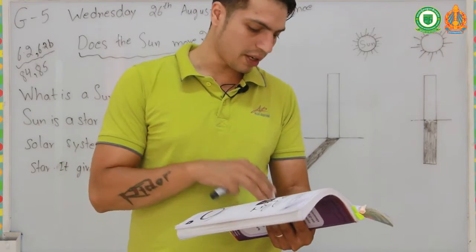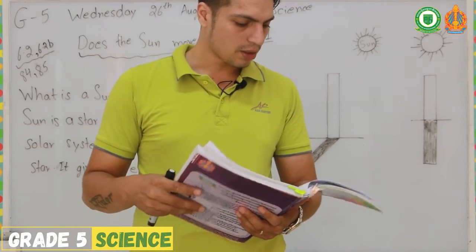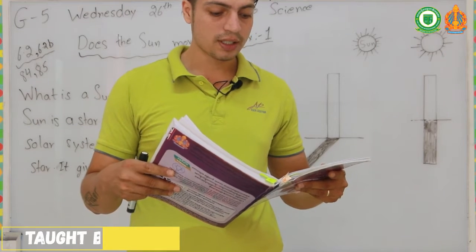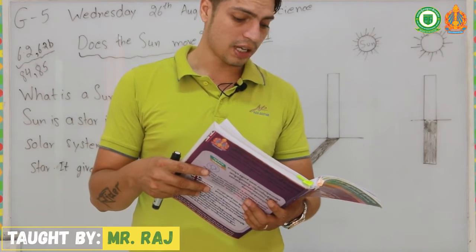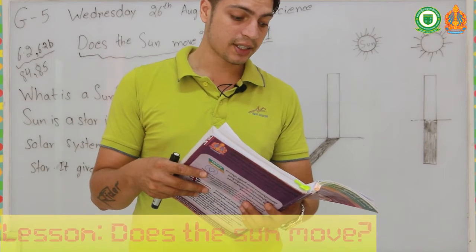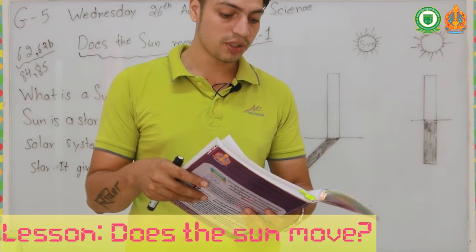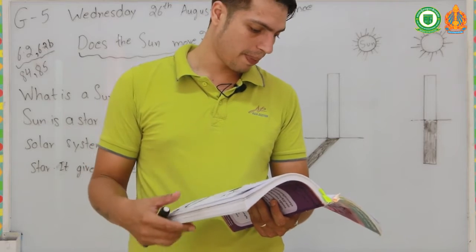I'm going to read page number 84 first. Serena wakes up early because the sun shines through her window. In the afternoon, no sun shines through Serena's window. Has the sun moved? Activity 6.2a.